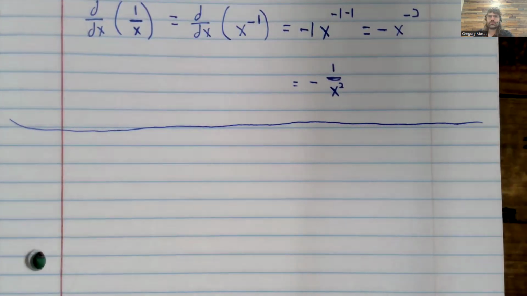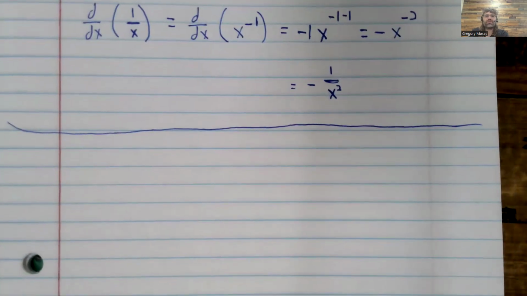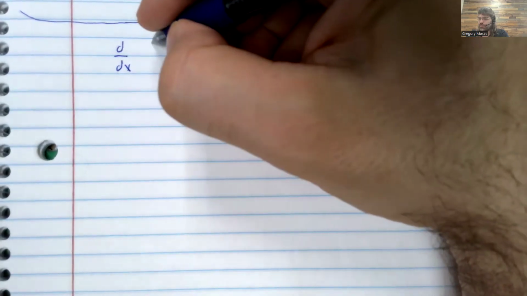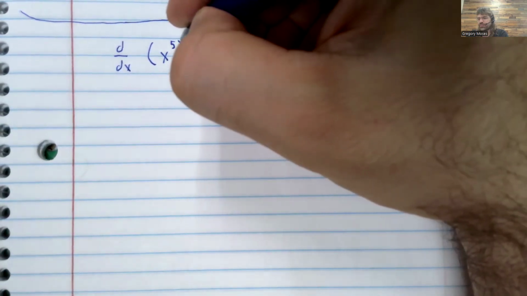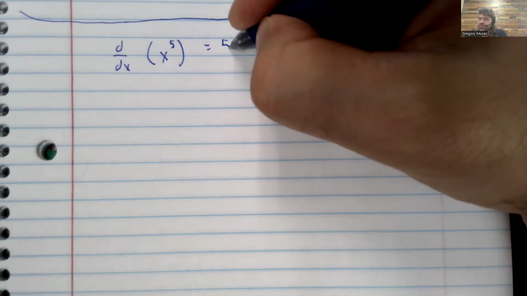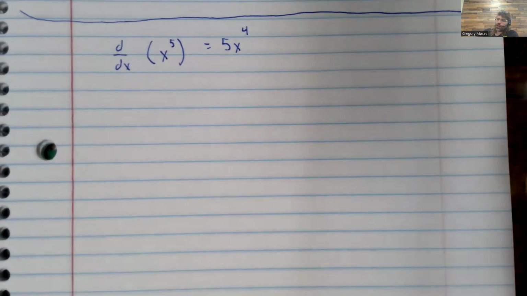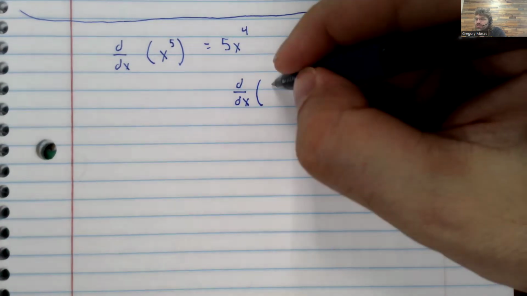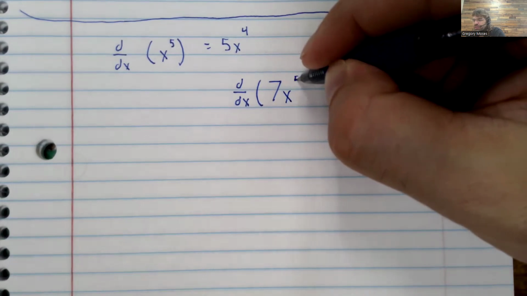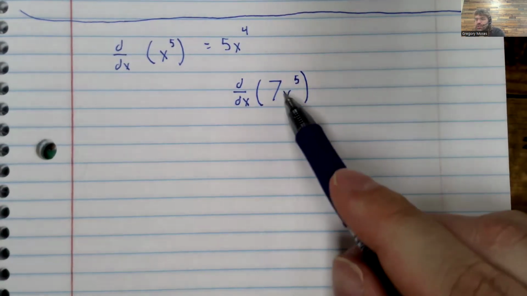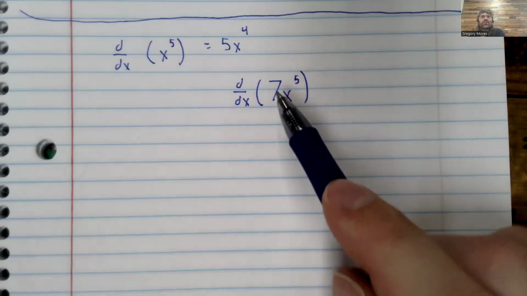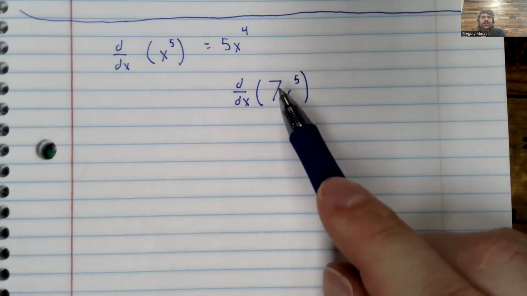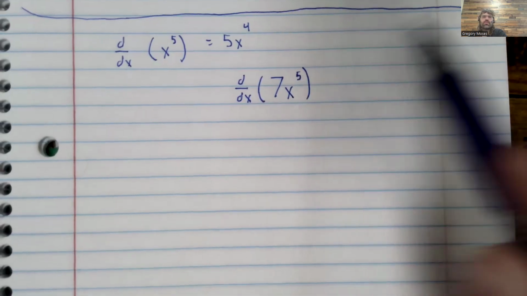Now, a few more rules, though, not the end of the video. So we know how to take the derivative of x to the fifth now. It's 5x to the fourth. What about the derivative of 7x to the fifth? It turns out that we can take this derivative without a lot of fuss. The fact that we have a 7 here doesn't change things too badly.